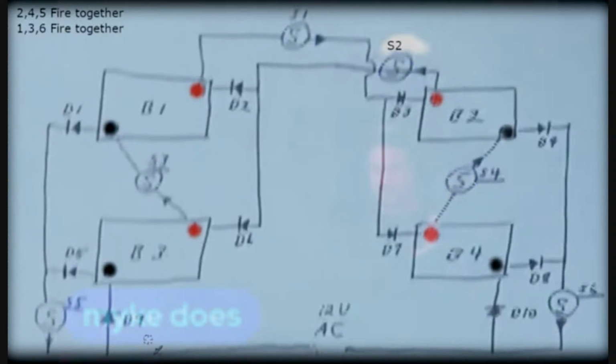We're going to go with sequence 1, 3, and 6 to start. And we are going to close these switches and trace it with these switches closed. Okay. Now, these are 5-volt batteries for explanation's sake.